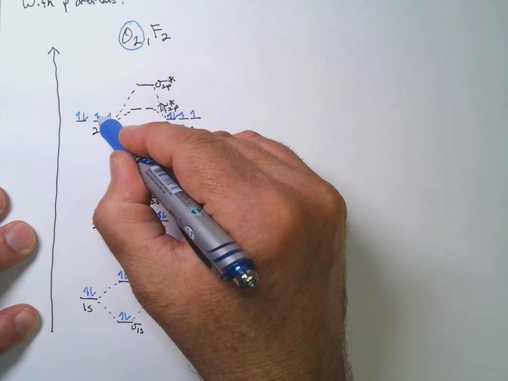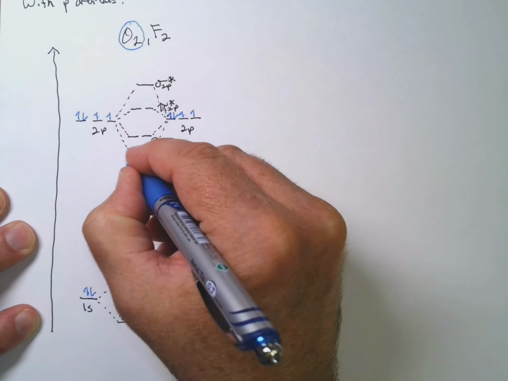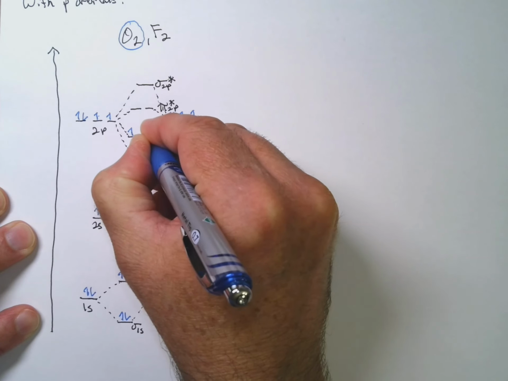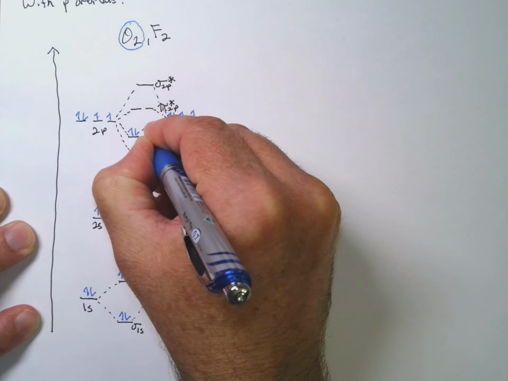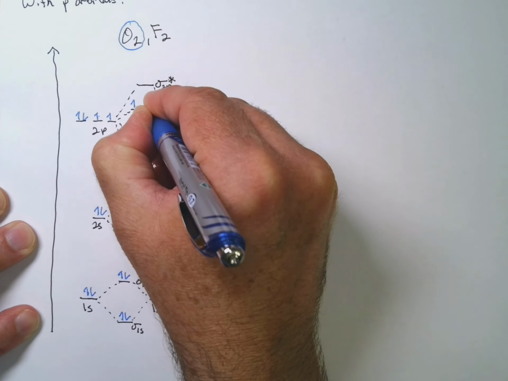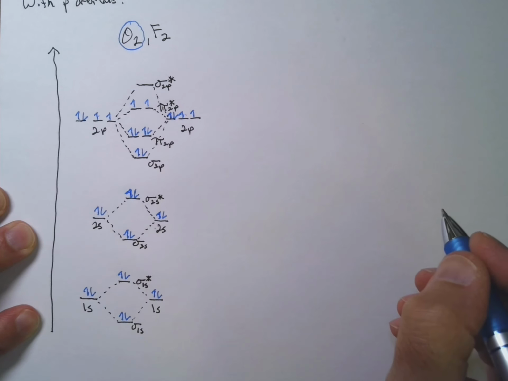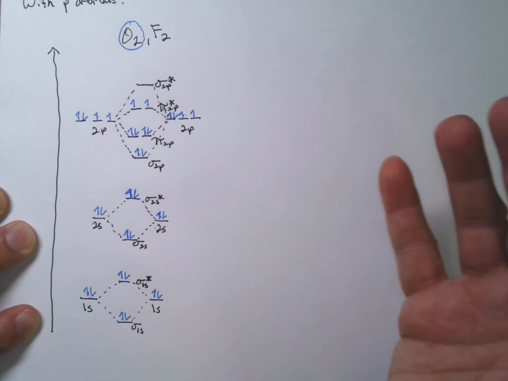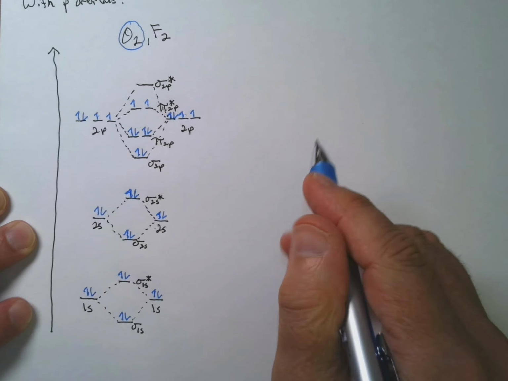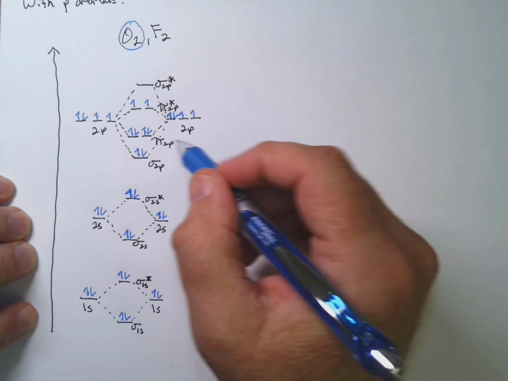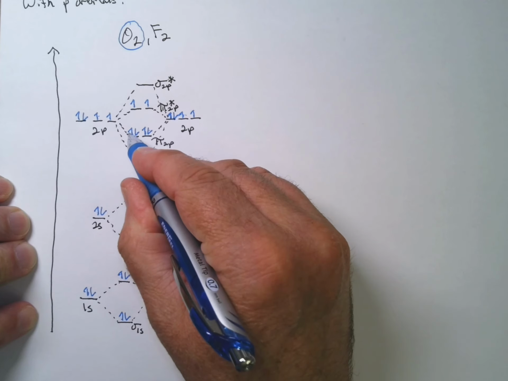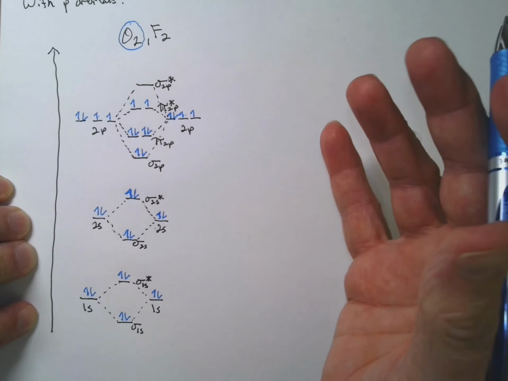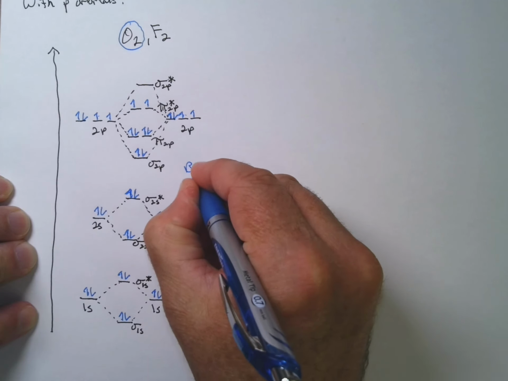So I've got 8 electrons, so let's put those in. 1, 2, 3, 4, 5, 6, 7, 8. Okay, and remember, electrons spread out before they pair up when we're putting electrons in orbitals. So this would have a bond order of 6 minus 2, which would be 4, divided by 2.